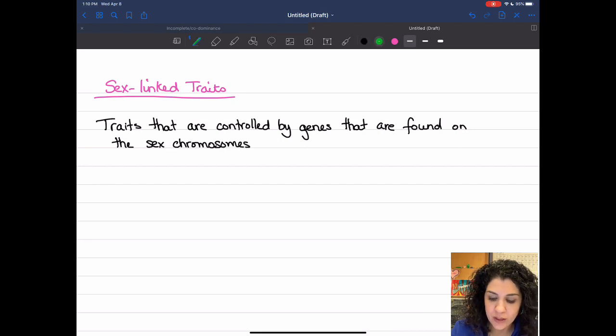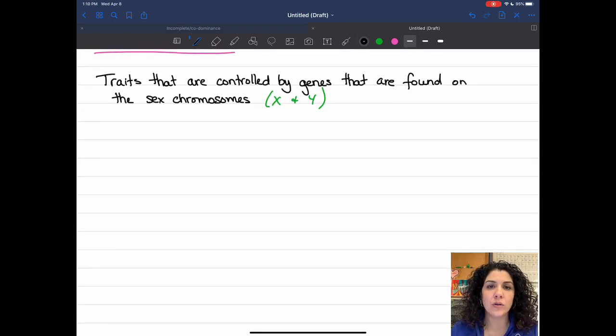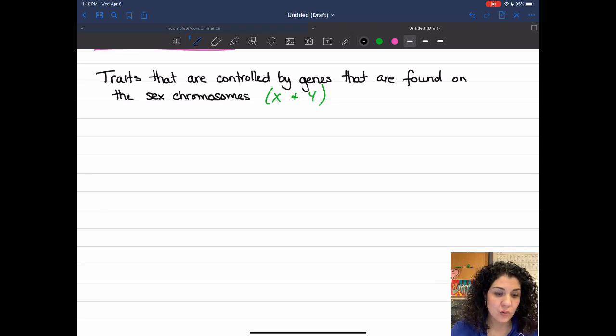We know that the 23rd pair, the X and the Y, are your sex chromosomes. So these particular genes are not found on chromosome 1 or 2 or 3 or 5, they're found just on the X or on the Y.